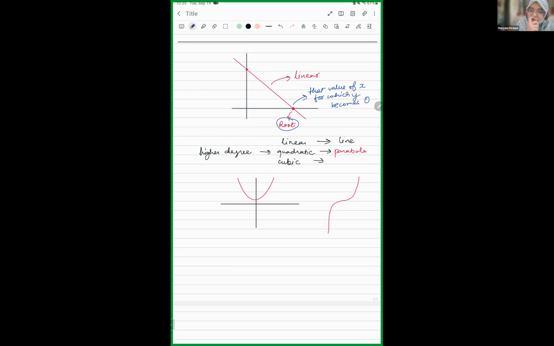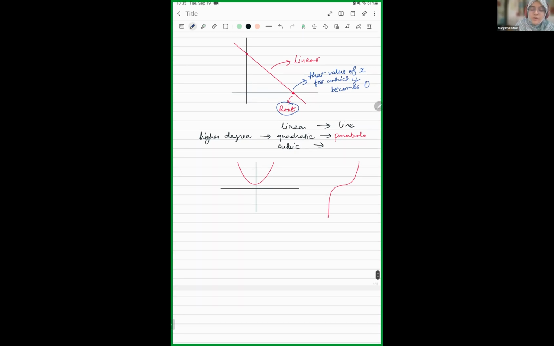When we're talking about polynomials, it's almost the same thing. Root, or we also call it zero of a polynomial, is that value of x, or the variable, if you're talking about some other variable, that value of x for which p of x becomes 0.